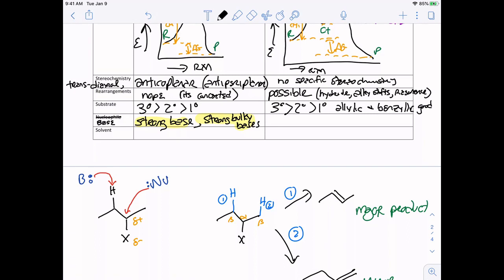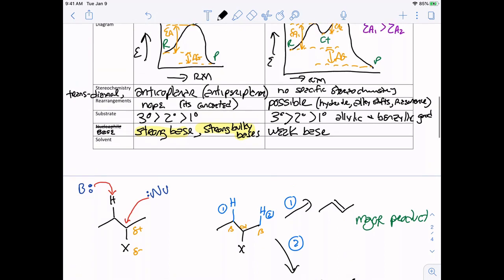For E1, weak bases are fine. So we did weak nucleophiles up on the SN1 column. A lot of times a weak base is my weak nucleophile. Again, those two often compete with each other. We can get both. Solvent, polar aprotic, but also protic.